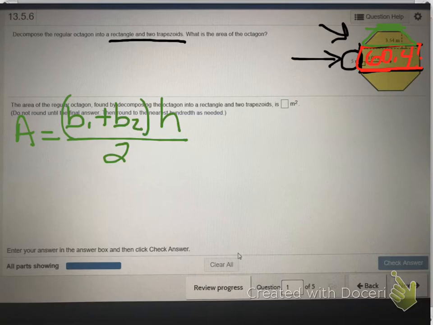Well, if you remember, they told us over here that each side was 5. So if this side is 5, then this and this and this, all the sides are 5. So base 1 equals 5. Base 2 is this bottom line right here.